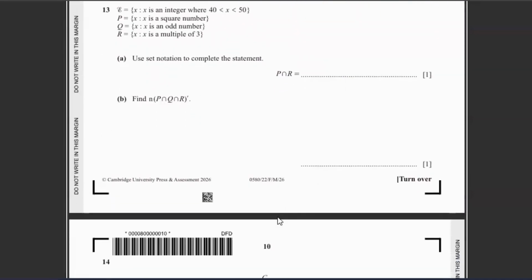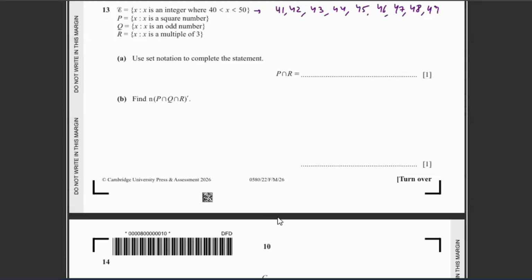Next we have the total set of integers from 40 to 50, not including 40 and 50, and p is a square number. So let's first write down the numbers: 41, 42, 43, 44, 45, 46, 47, 48, 49. Now p is a square number.